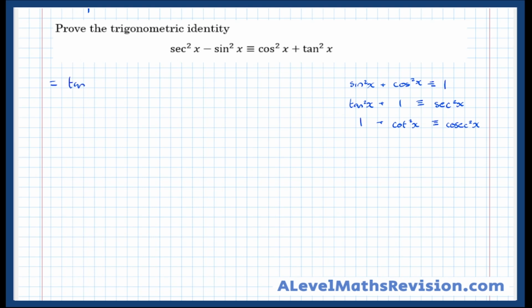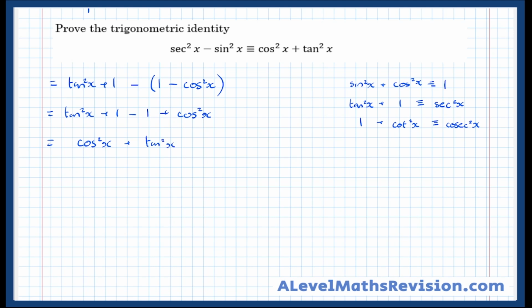So sec squared x is tan squared x plus 1, take away, and I know that sine squared x goes to 1 minus cos squared x, which is equal to, and let's just simplify, tan squared x plus 1 minus 1 double minus cos squared x, and then finally equal to, and let's give it the way it was intended in the question, cos squared x plus tan squared x.